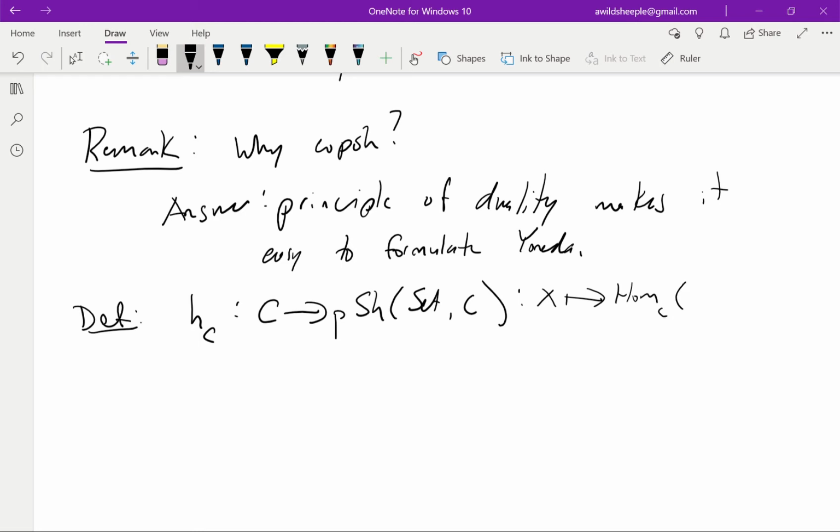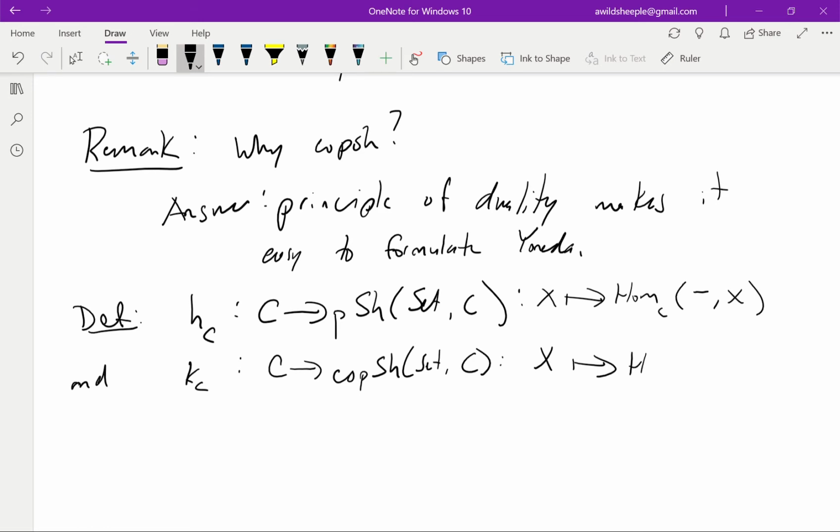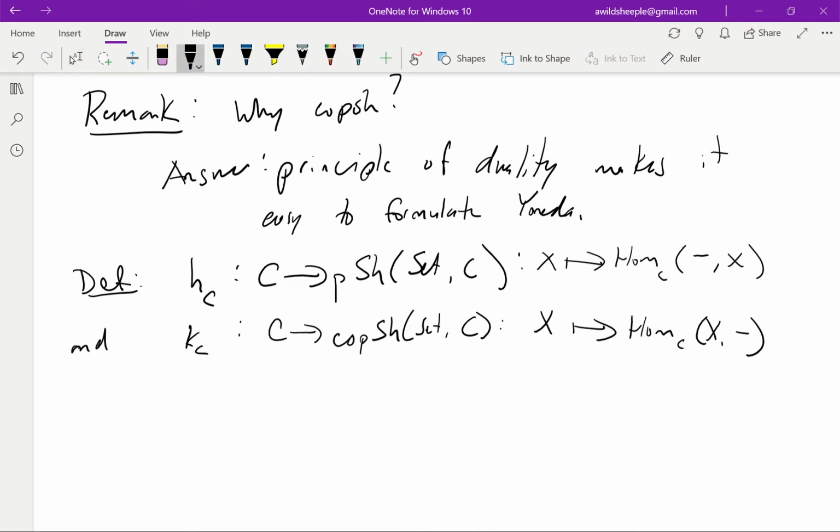We send X into Hom into X. And we define K_C, which will take C into co-presheaves, by looking at Homs out of X into the target object. This is why we like co-presheaves as covariant functors, because this is the natural way to think about these Hom functors.